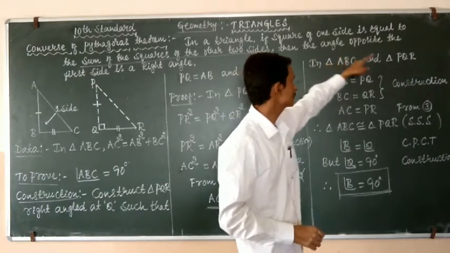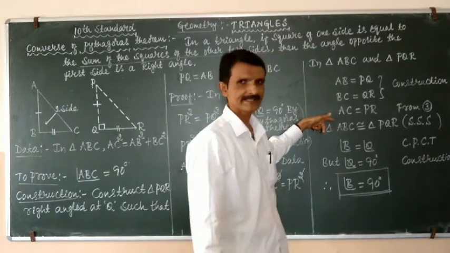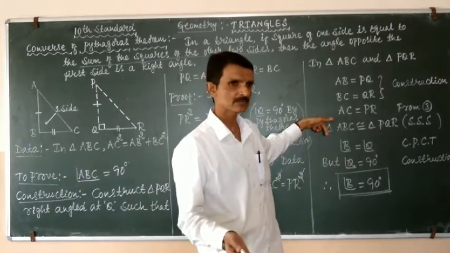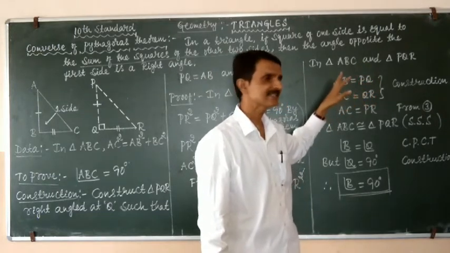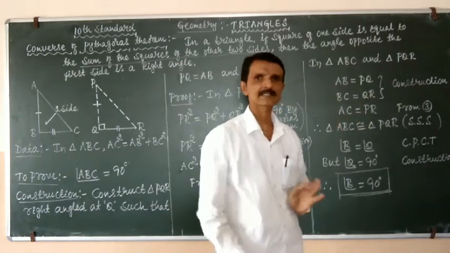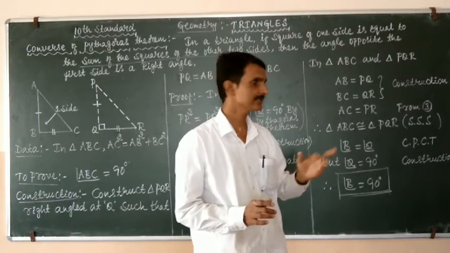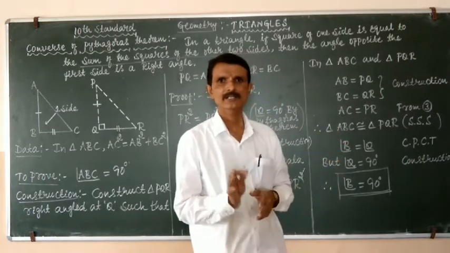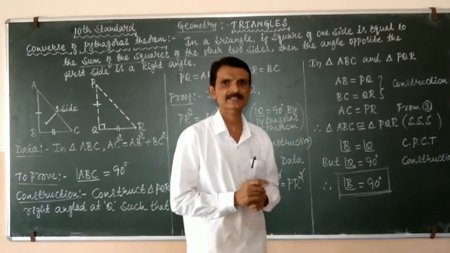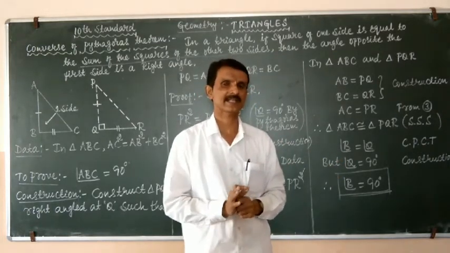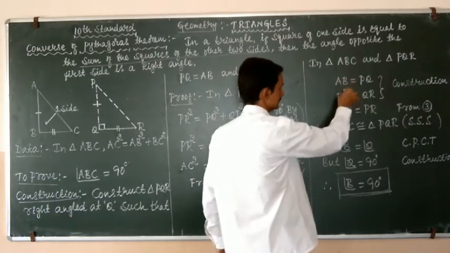If in two triangles all three sides of one triangle are equal to the corresponding three sides of another triangle, then those two triangles are congruent. Here, students, remember we are using the congruency of triangles, not the similarity of triangles.